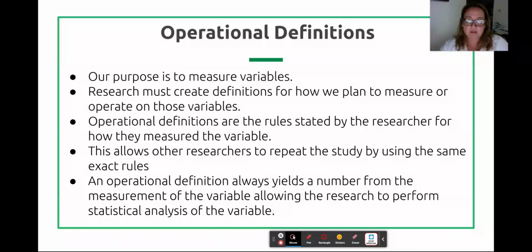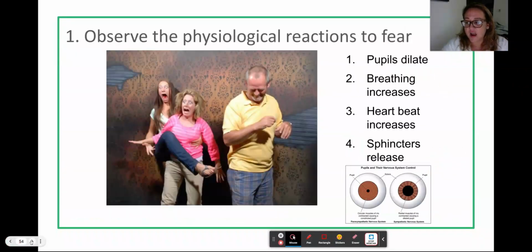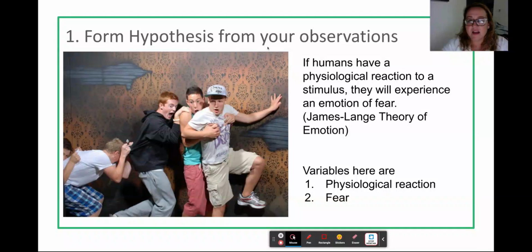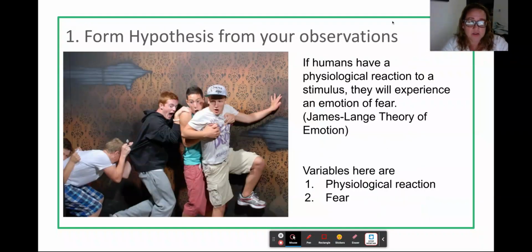So if I go back to this study that they did here with the fear, what they did is they gave you, within the hypothesis, the operational definition, which is how do I know there's going to be a physiological response? Well, this is how I know and what I'm measuring. Okay, so it has to be detailed.